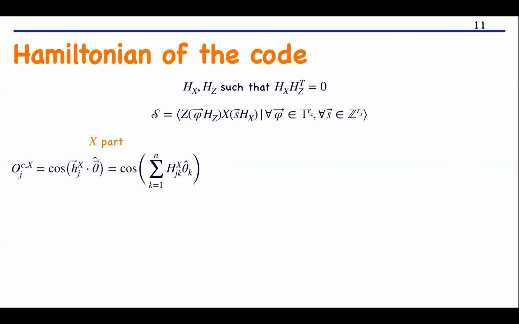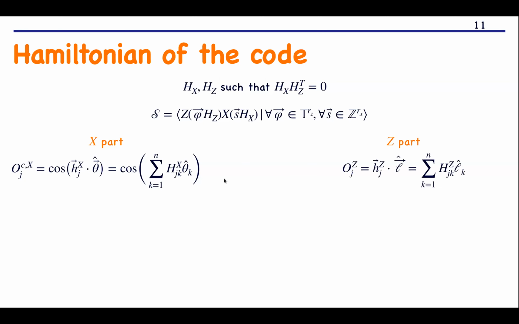All right. Then we can also construct the Hamiltonian of the code simply by taking a Hermitian version of the stabilizers. So as you can imagine, the X part is a bunch of cosines of linear combinations of the phase variables, where the coefficients are given by the elements of the HX matrix.